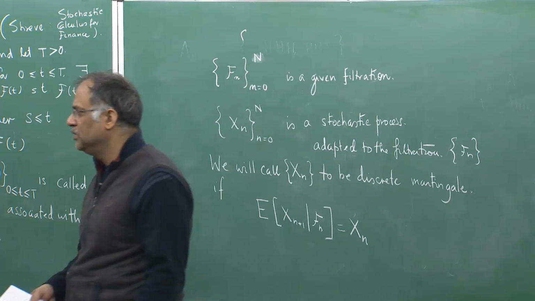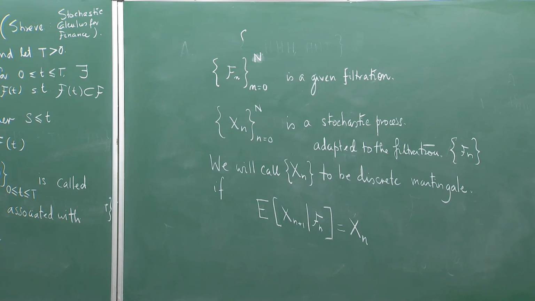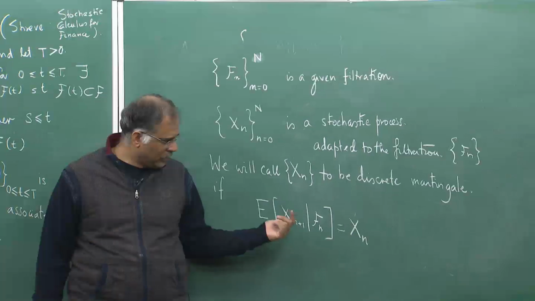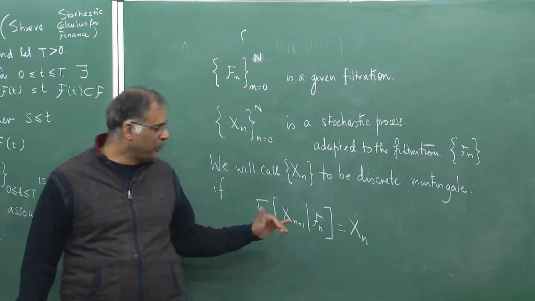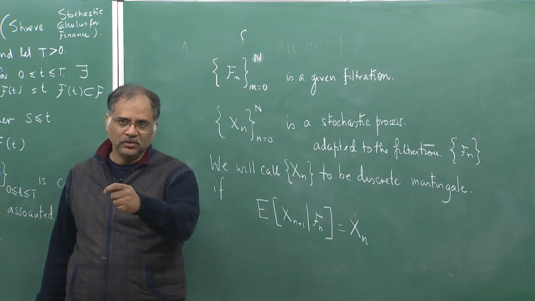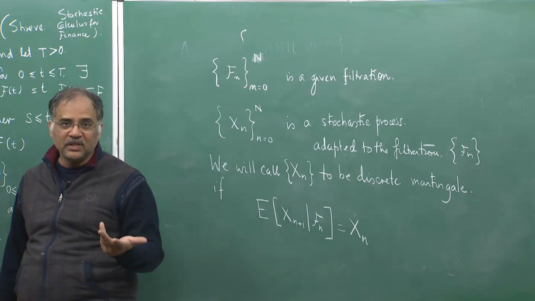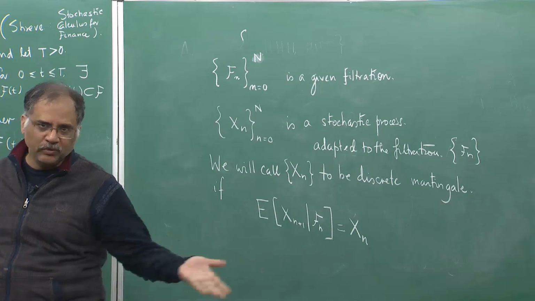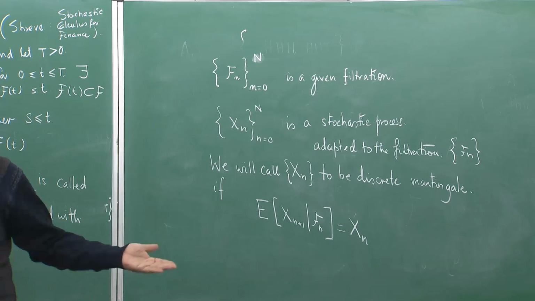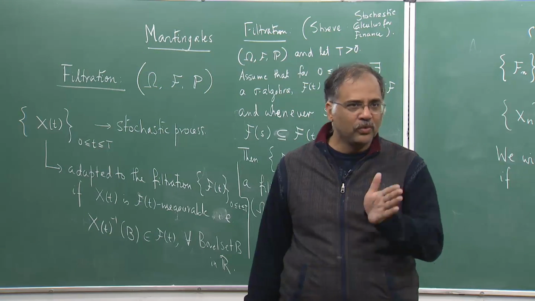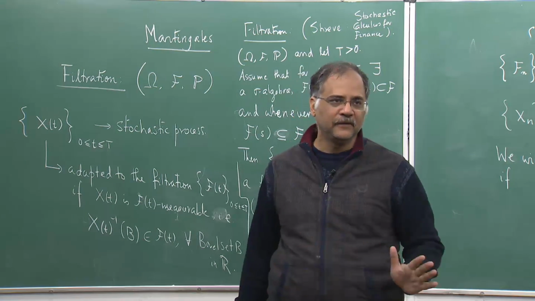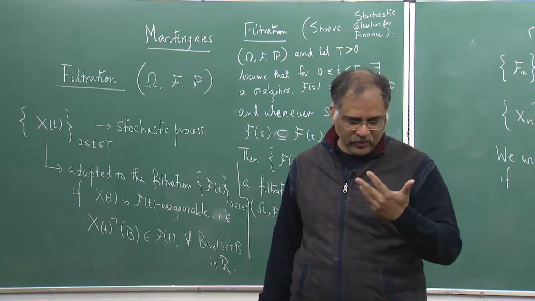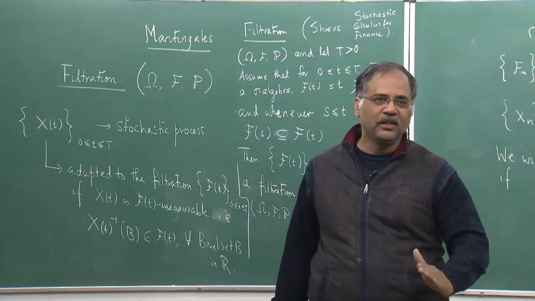How is it related to gambling? It says that the stochastic process is a martingale if your expected payoff at the (n+1)th move is the same as whatever payoff you have received at the nth time, provided you have only information up to the nth time. You do not know what will happen at n plus 1, it is uncertain. Up to the nth time you have information: Xn is what I have got, the random variable revealed when I did the gambling at the nth instant.